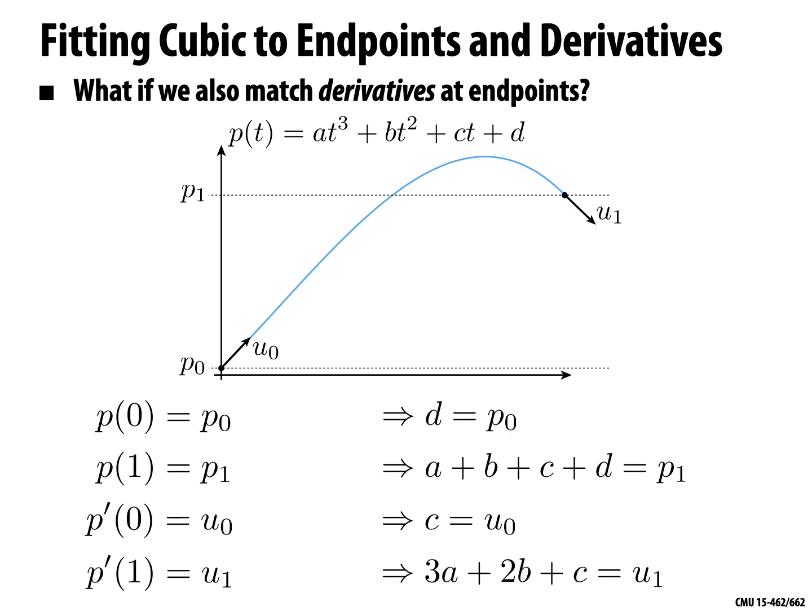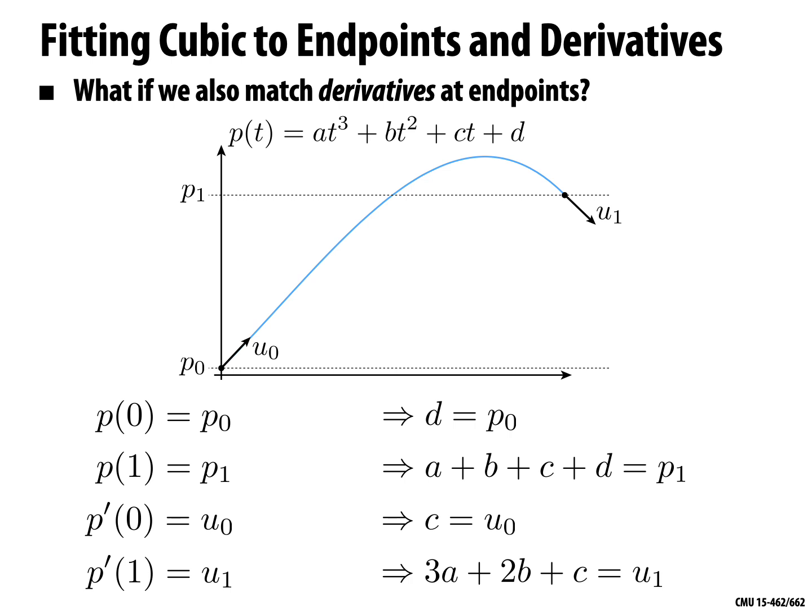Okay, so now it looks like we're in better shape. We have 4 linear conditions on a, b, c, and d, and 4 unknowns, a, b, c, d. So we can solve this system to find a unique curve that satisfies these constraints. Does this system always have a solution? Right, that's the one thing we would still have to check.